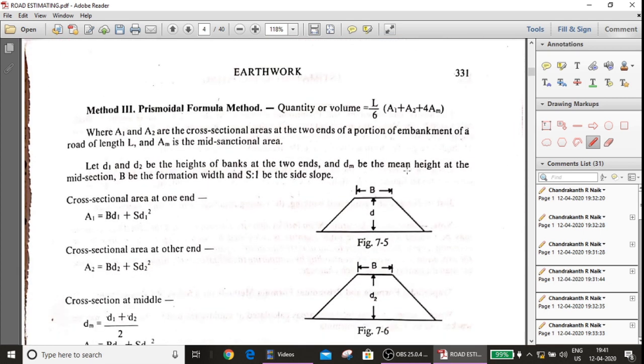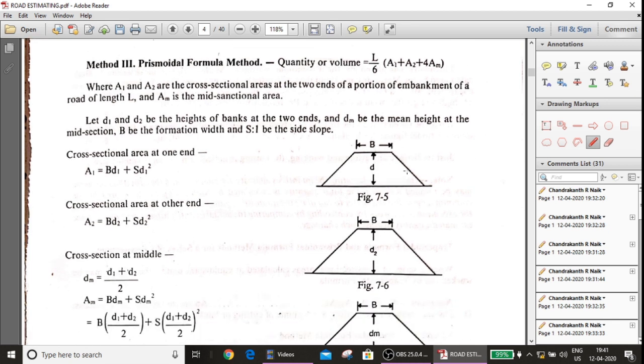So next we will come to the third method, which is called the Prismoidal formula method. This Prismoidal formula method is an accurate method compared to the other two. Okay, this is an accurate method, and the difference is less than 1%. Okay, for both method 1 and method 2, I'll let you know later.